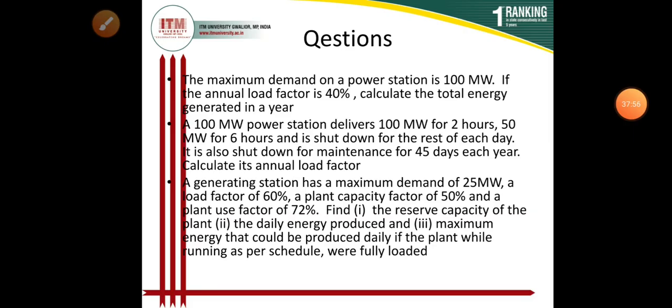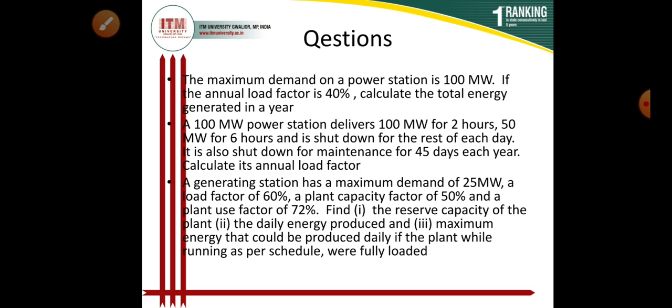Our next question is, a generating station has a maximum demand of 25 megawatt, a load factor of 60%, a plant capacity factor of 50%, and a plant use factor of 72%.